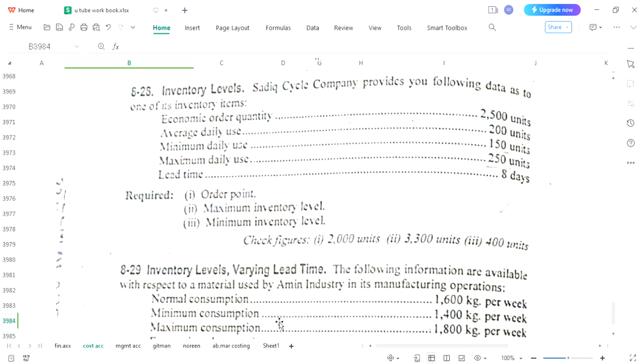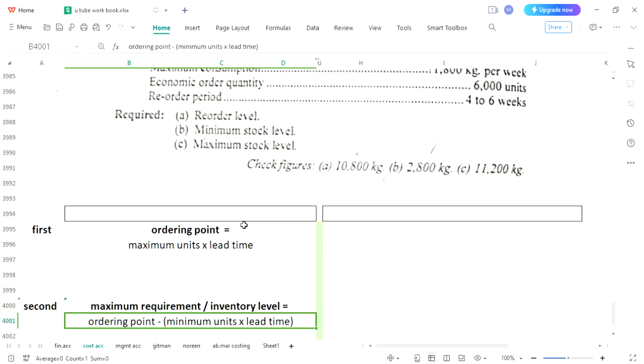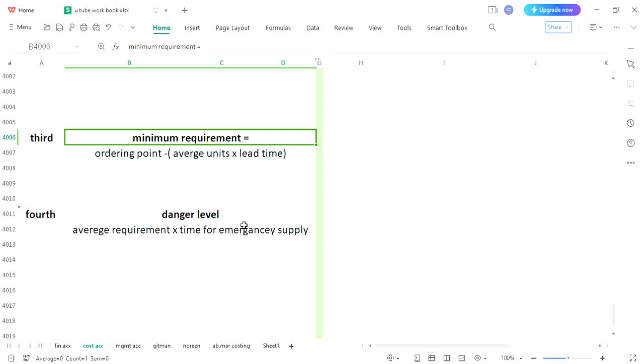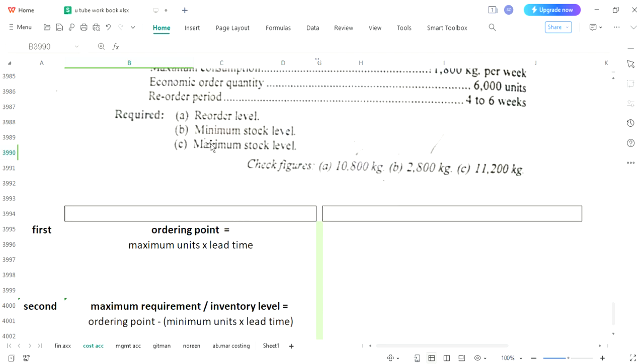Then the third requirement is the minimum inventory level, so minimum requirement or minimum inventory level. And the fourth part was the danger level, but it is not required in the question. So we are going to solve only three formulas.